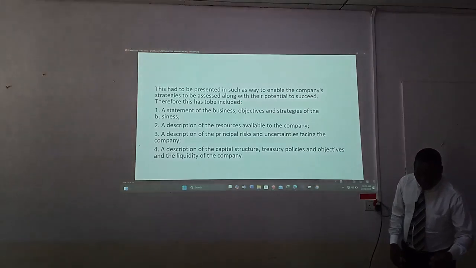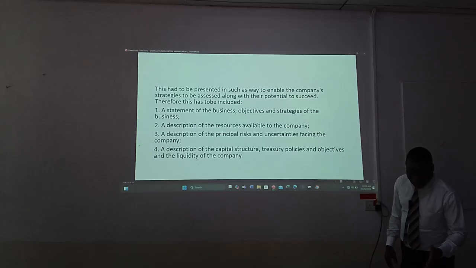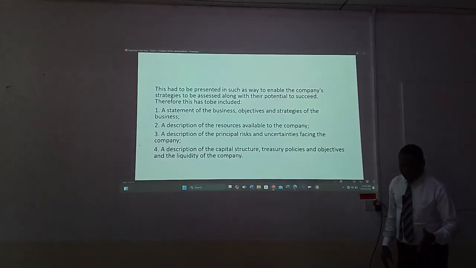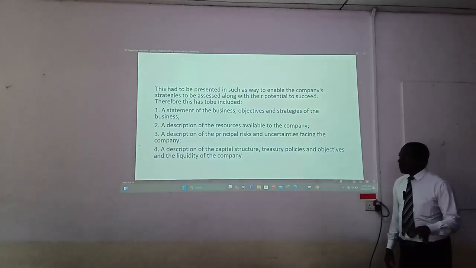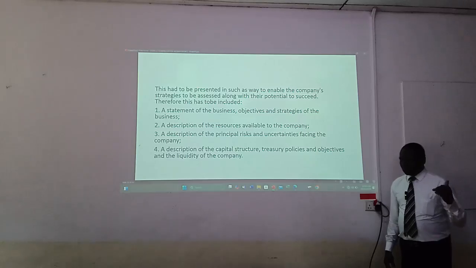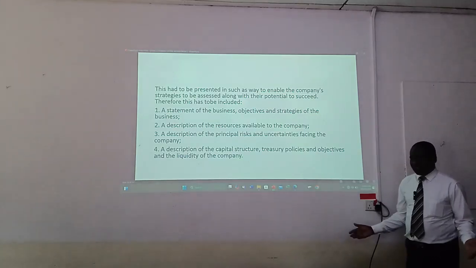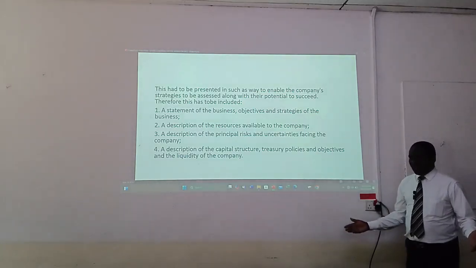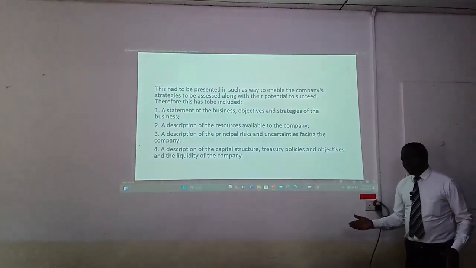Another thing that must also be added is a description of the principal risks and uncertainties facing the company. What are the risks that the company is facing? For example, last year we had Cyclone Freddy, okay? Cyclone Freddy affected the Illovo Sugar Company because they were unable to ferry sugar from the field into the factory.